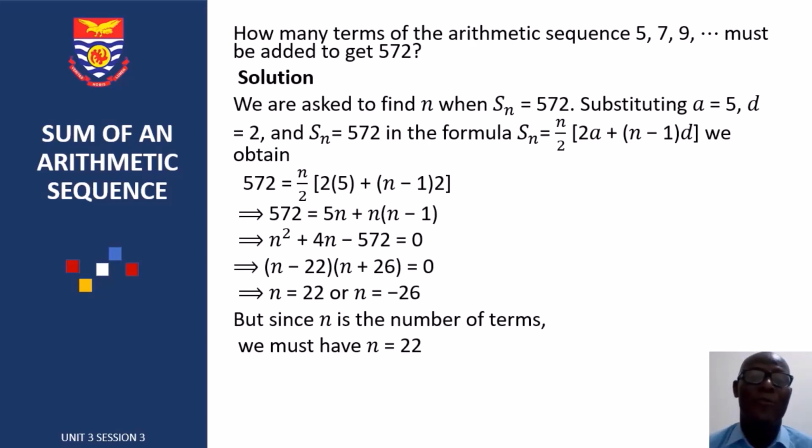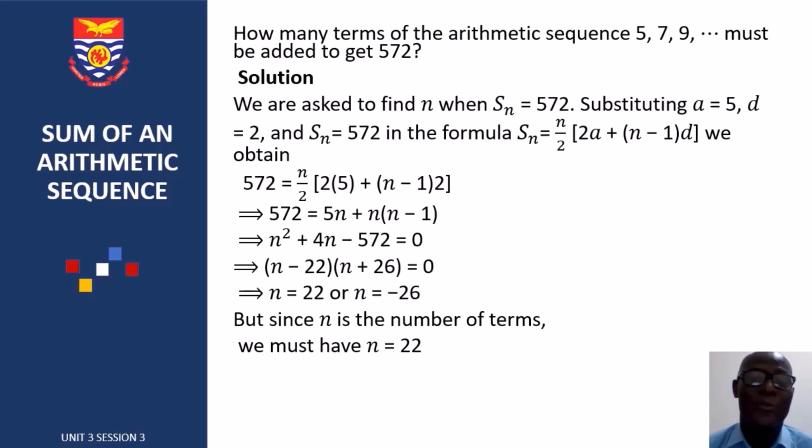Or the other way of going about this quadratic equation is that we can use the general formula for solving quadratic equations, which is n equals negative b plus or minus the square root of b squared minus 4ac, all over 2a.